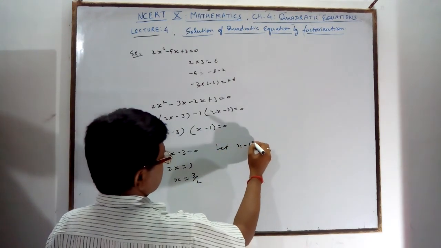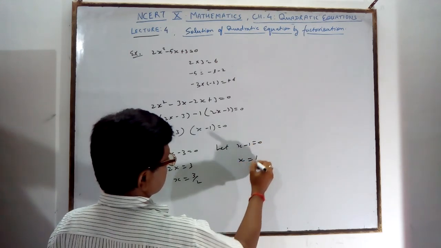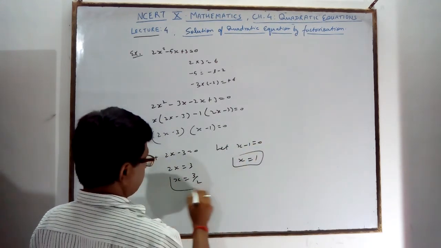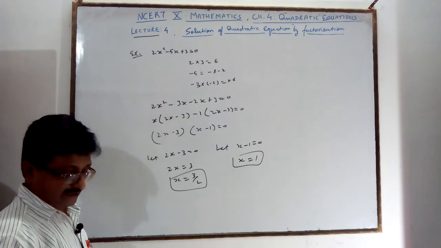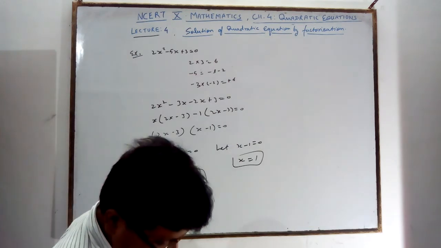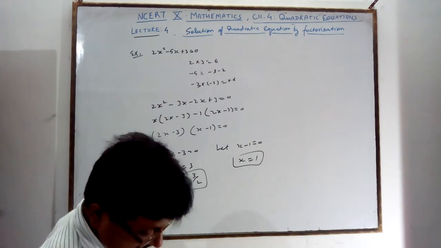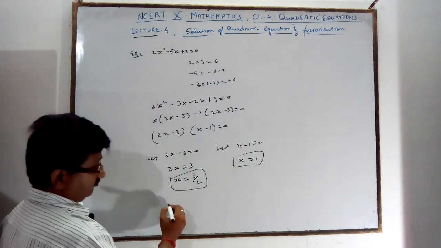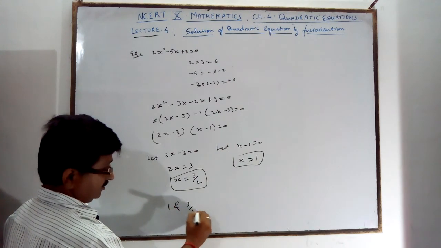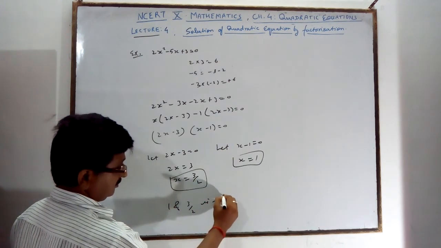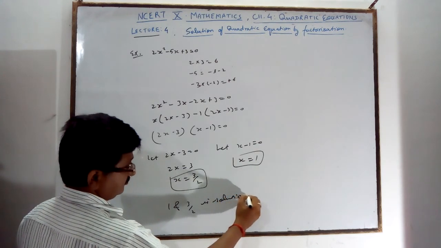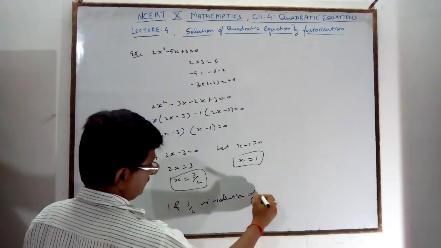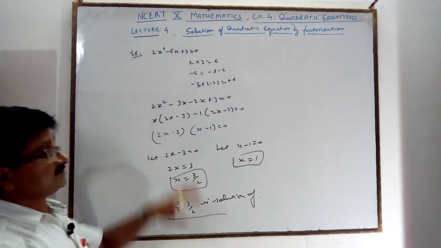Let x minus 1 is equal to 0, then x is equal to 1. There are two solutions you are getting for this quadratic equation. What are these two solutions? 1 and 3 by 2 are the solutions of the equation. Okay? It is your answer.